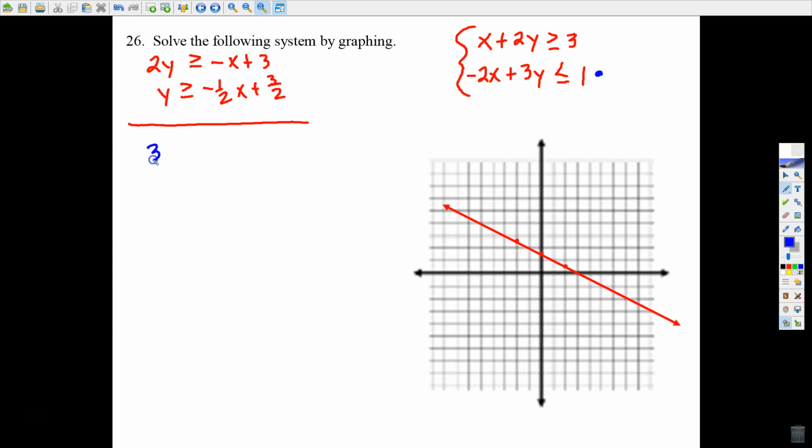Solve for y. 3y less than or equal to 2x plus 1, dividing by 3. This one has a y-intercept of 1/3 and a slope of 2/3. Up 2, right 3, and we can sketch this boundary line. Also solid.